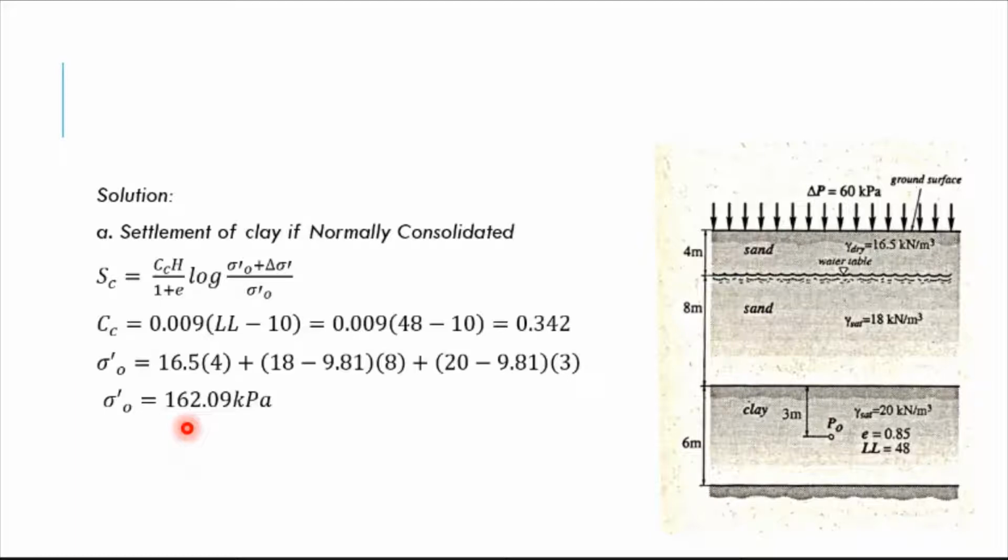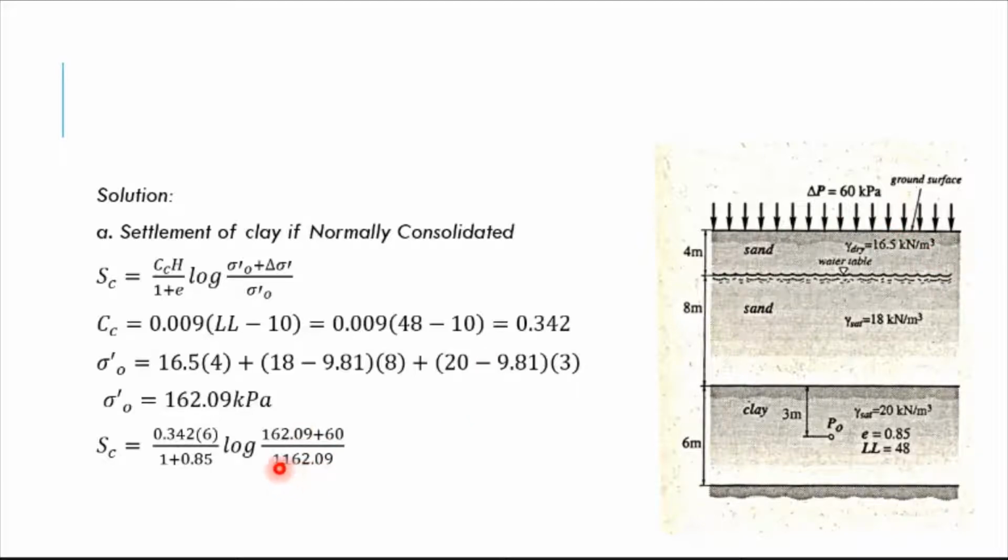So by substituting, this will give us 0.342, the compression index of the soil, which we already solved earlier, multiplied by the height of the clay layer, which is equal to 6, over 1 plus the initial void ratio, which is 0.85, logarithm of the overburden pressure, 162.09, plus the additional load, which is 60, over 162.09.